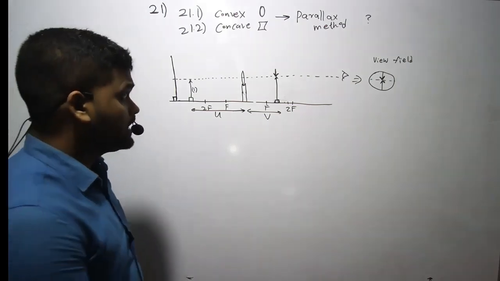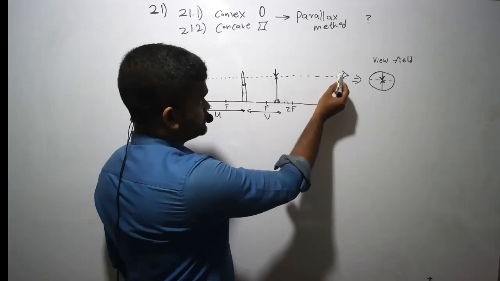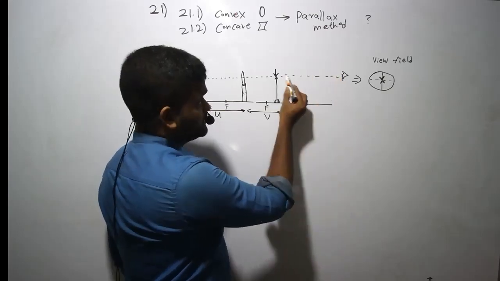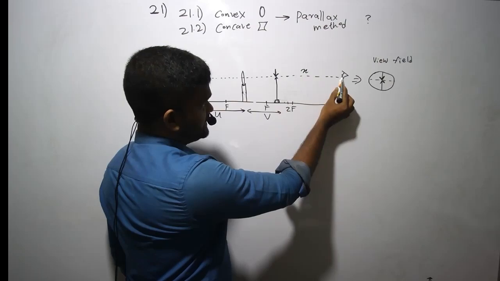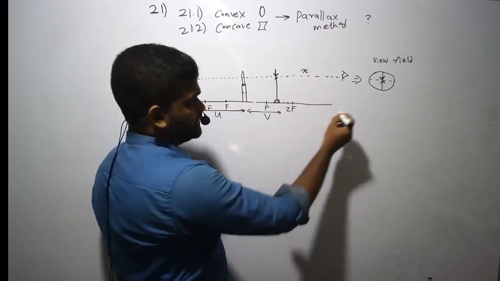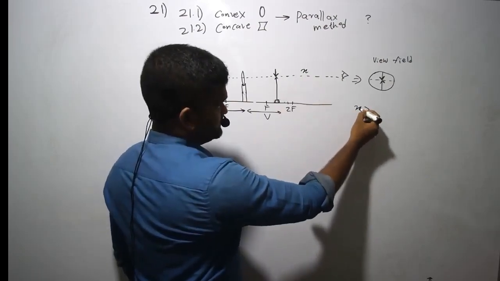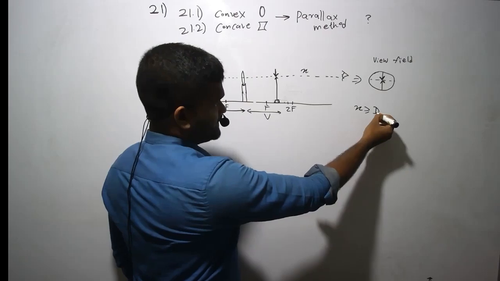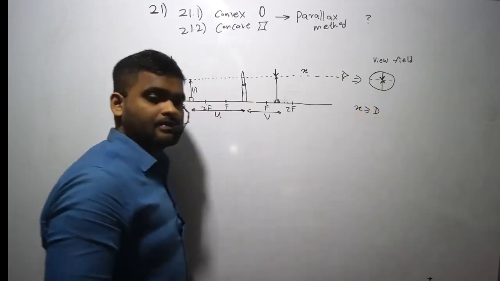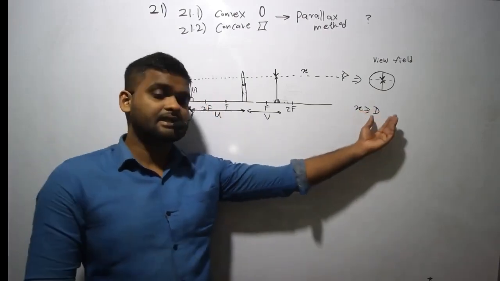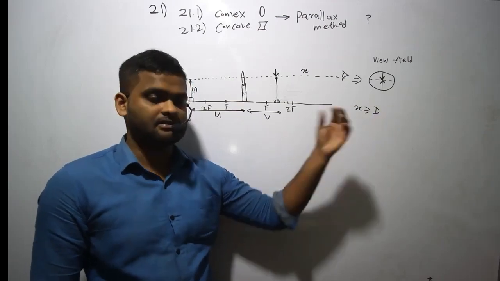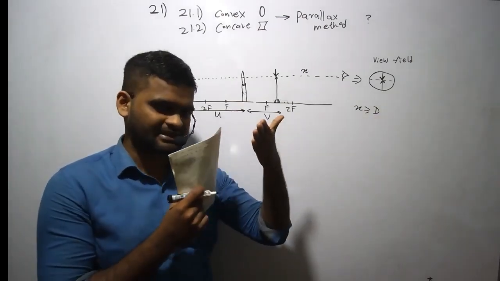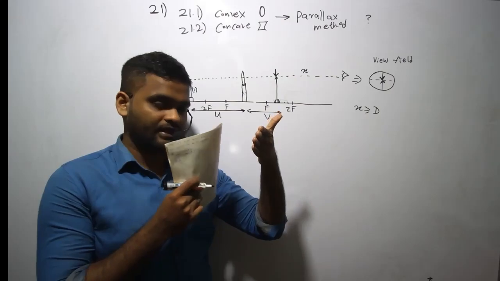Another fact: what you are observing is this image, right? Let's say the distance between the eye and the image is small x. You have to understand that small x should be greater than capital D. Capital D means the least distance of distinct vision, like 25 centimeters.